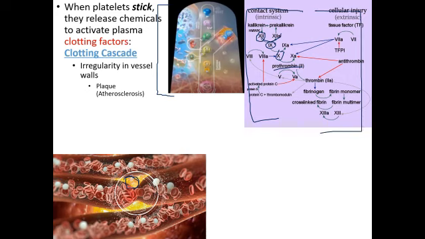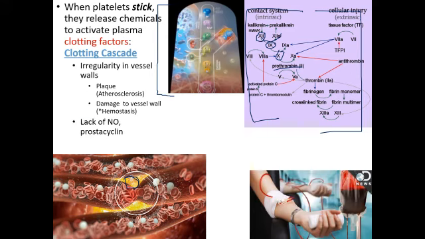All right, so that is obviously not an ideal circumstance. And again, damage to the vessel wall. And finally, anytime your blood is not in your body, right? Anytime it's not circulating within these blood vessels, it's not getting those signals to turn the platelets off. Right, so remember that the linings of these blood vessels are always releasing nitric oxide and prostacyclin and other chemicals to keep the platelets less sticky.